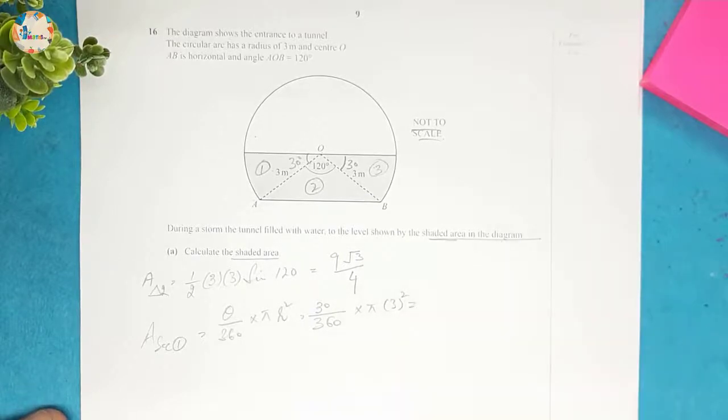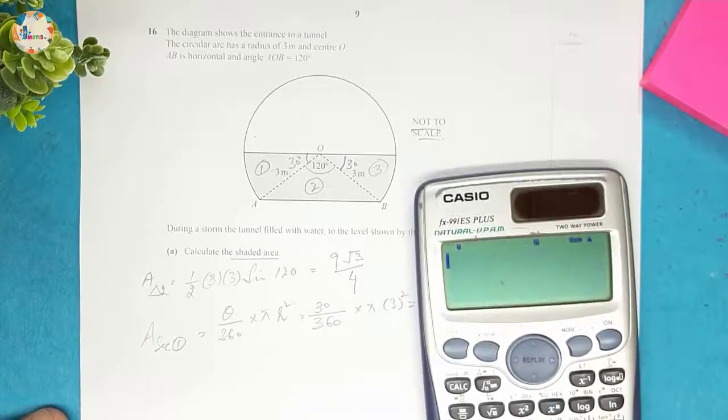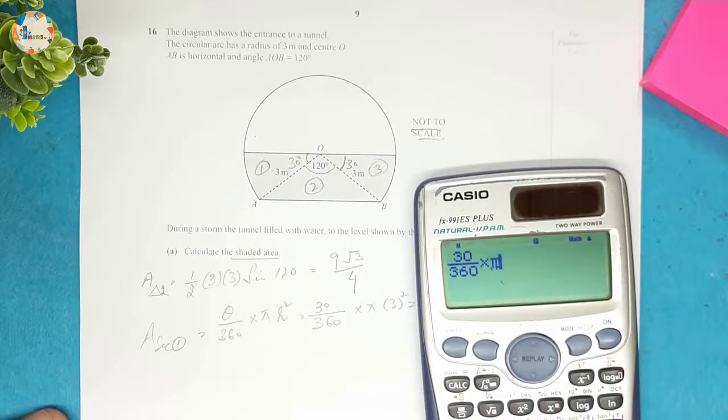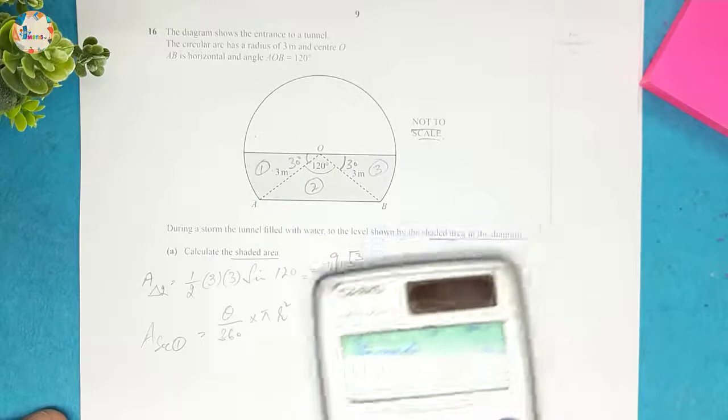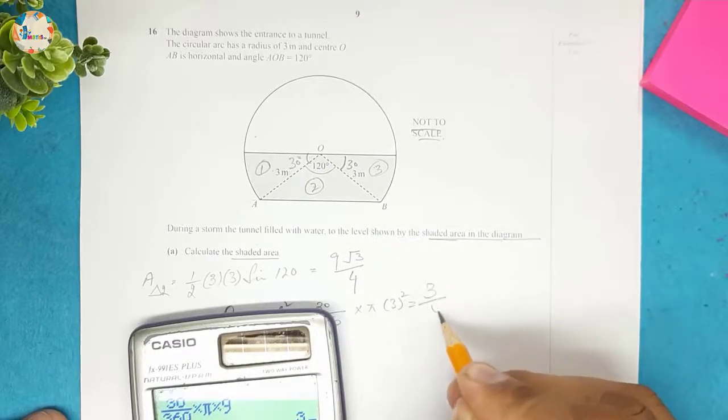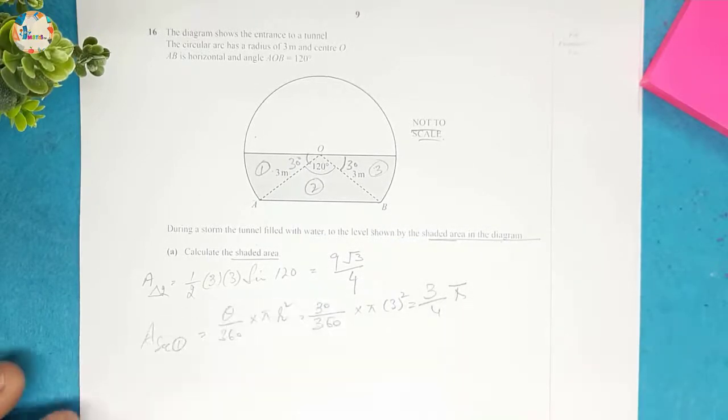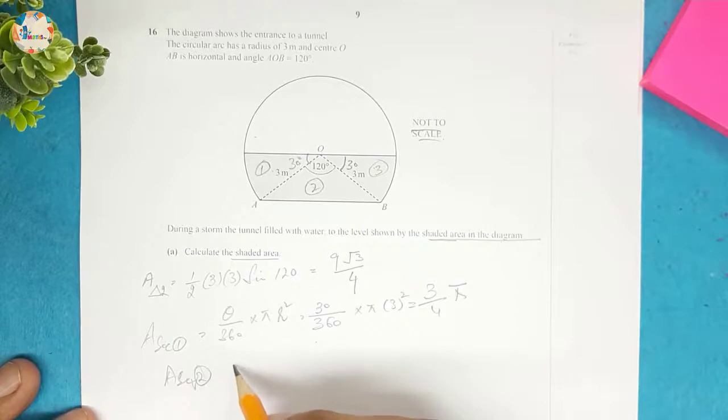If we find this calculation, this will be 30 over 360 into pi multiplied by 3 squared, which is 9, so this will be equal to 3 by 4 pi. And the area of sector 2 will also be equal to 3 by 4 pi.